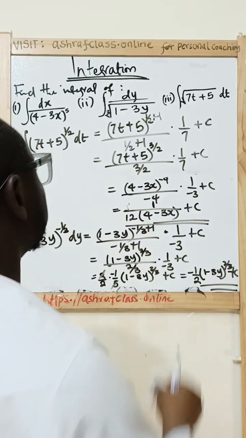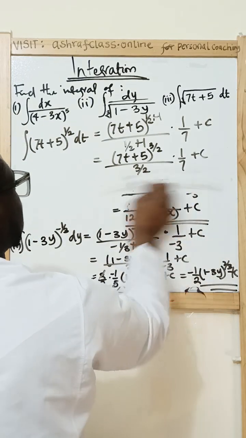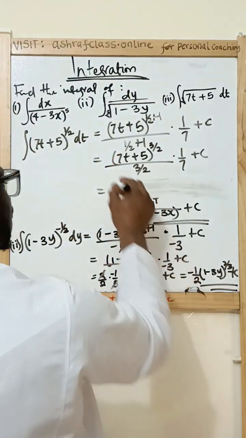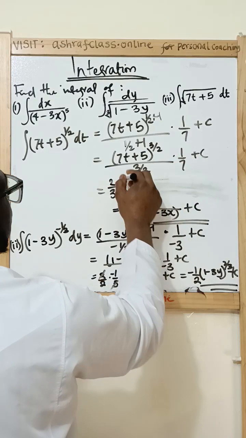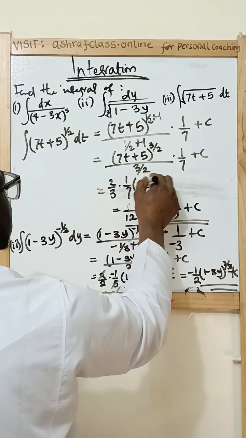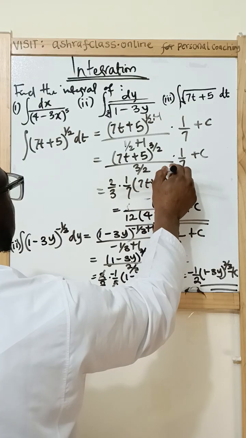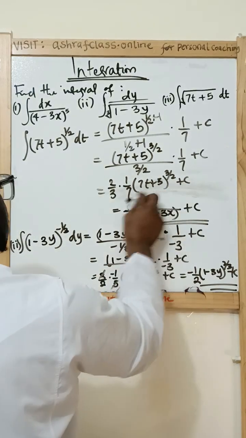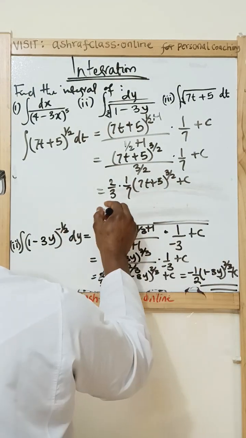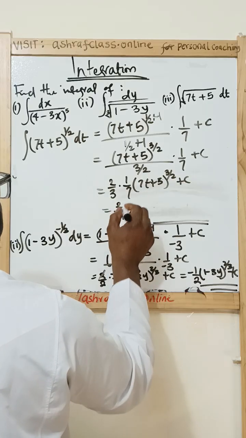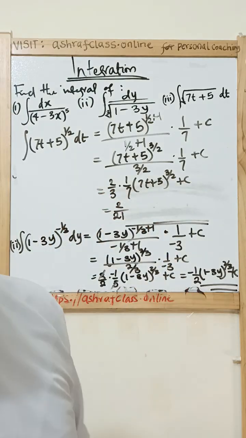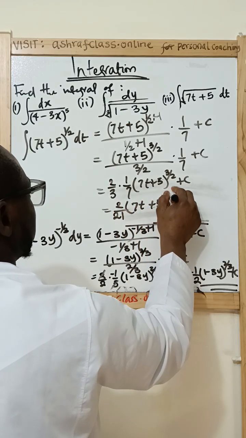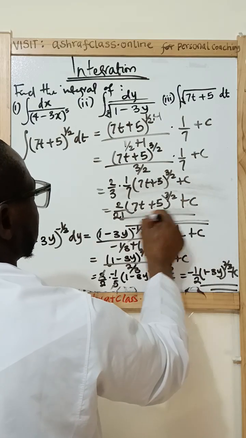From here, if this one comes to the numerator, it's going to be 2 over 3 times 1 over 7 times (7t plus 5) raised to the power 3 over 2 plus c. So that's just 2 all over 21, 3 times 7 is 21, times (7t plus 5) raised to the power 3 over 2 plus c, which is the final answer.